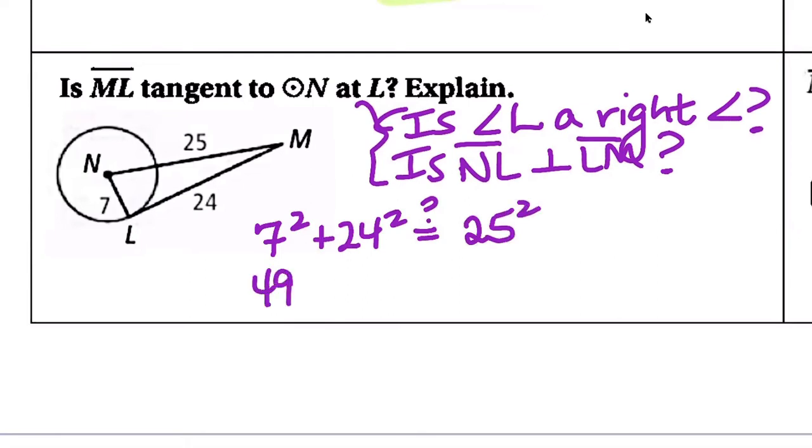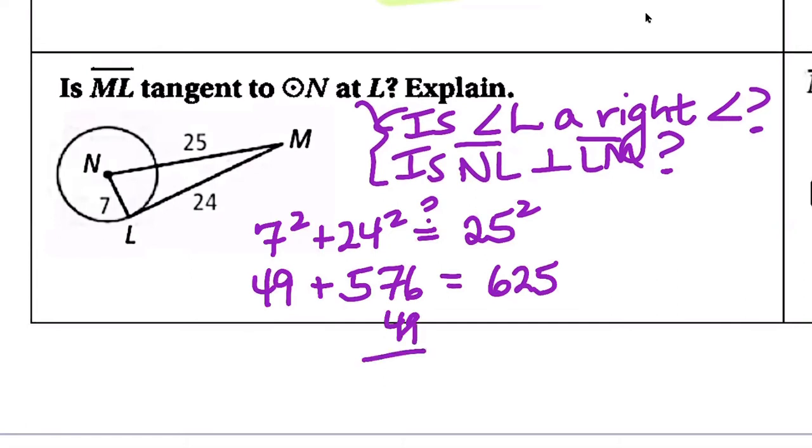Well, that's 49 plus 24 squared is 576. 25 squared is 625. Are those equal? Yes, 625.